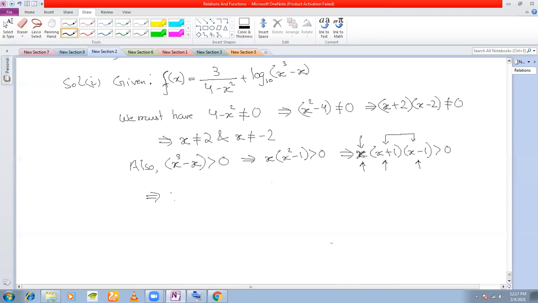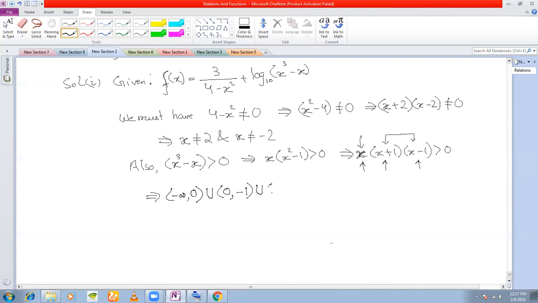So this should be minus infinity. It can take all the negative real values, and it can come to 0, but it cannot be equal to 0. Also, it cannot go from 0 till minus 1, because x plus 1 is equal to 0 will give you x is equal to minus 1.